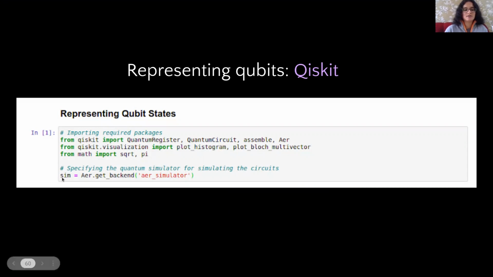One thing over here, sim equal to Aer.get_backend, where the backend is the Aer simulator. So basically, we are specifying a backend that we want our models to run on. We know that there does exist quantum hardware on which we can run our codes.